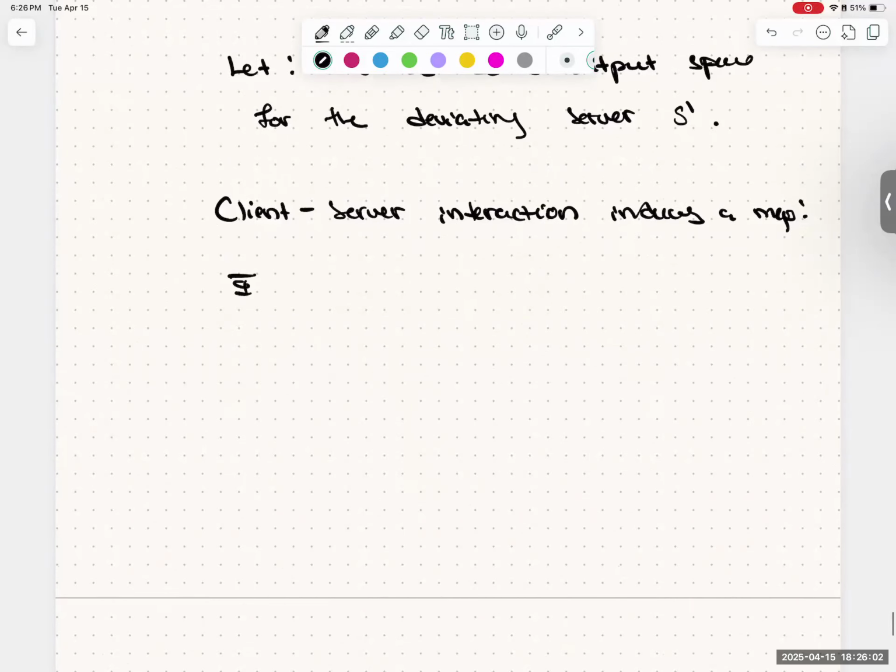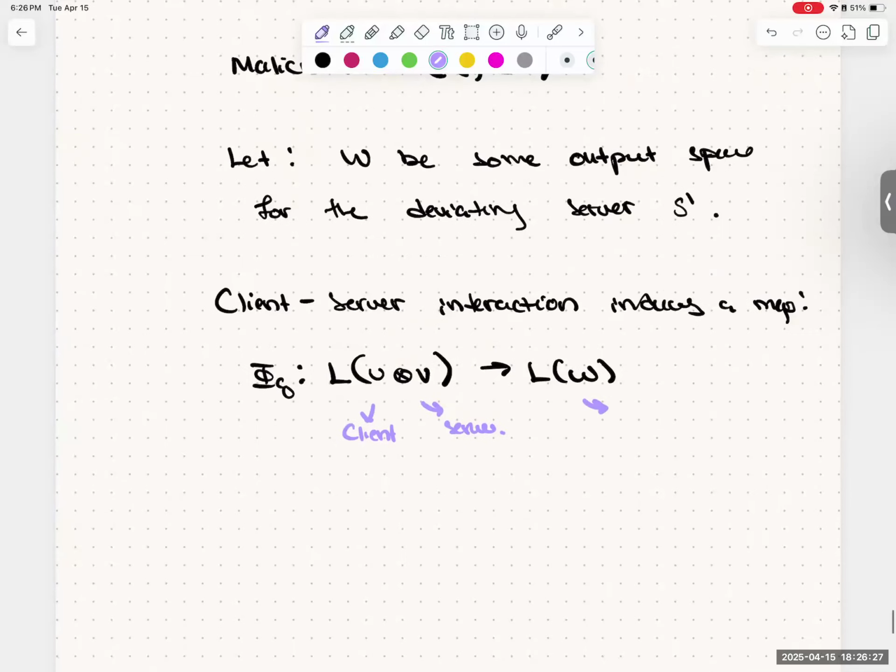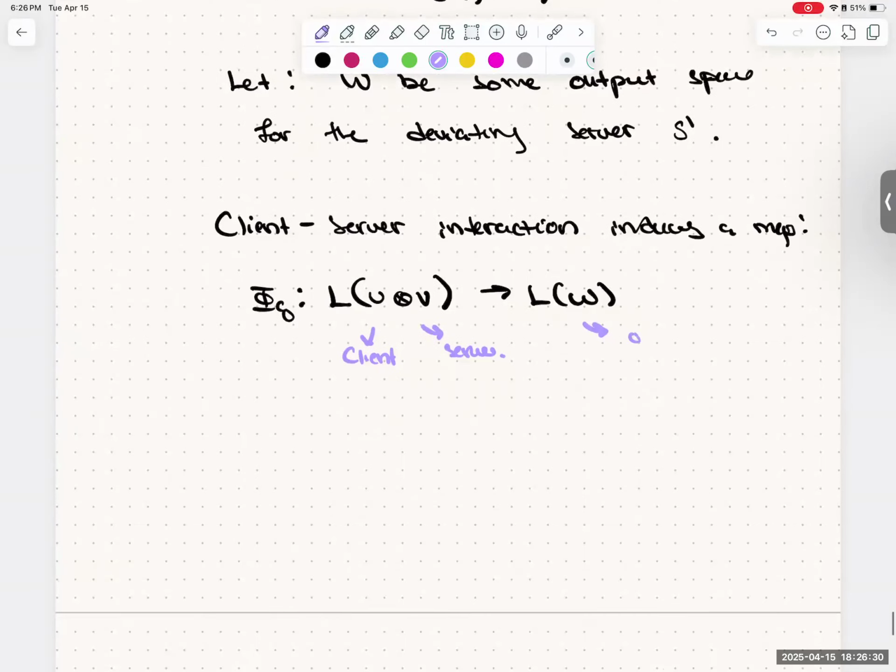Depending on the computation itself, it is a map from L tensor V to LW, where this is the client quantum register, this is the server's quantum register, and this is just the output space.